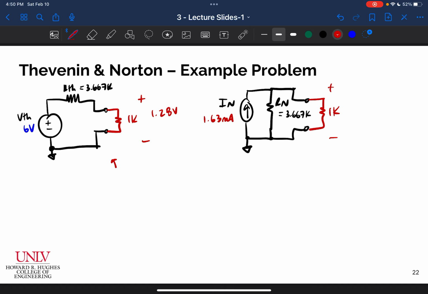This one is pretty simple. It's just a voltage divider. I can say that my V load, in this case, I'll call it V load test, is equal to 6 volts. So V load test is basically this node voltage here. It's going to be 6 volts multiplied by 1K divided by 3.667K. And that should give me 1.28 volts. So let me throw it in my calculator. If it doesn't give me that, then I'm going to be very sad, because that means I wasted a lot of time doing this example wrong.